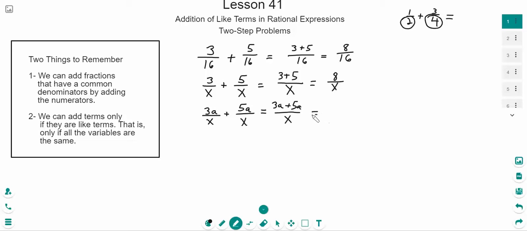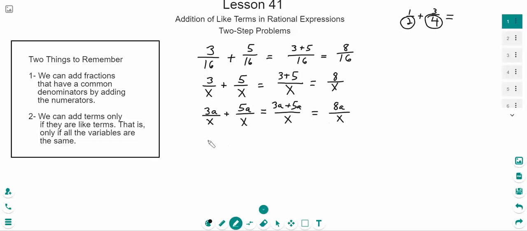In this case, 3a and 5a are like terms, so we can add these. And that gets to the second point over here. We can only add terms when they are like terms, and these are, in fact, like terms. The variables are the same. So 3a plus 5a is going to be 8a over x.